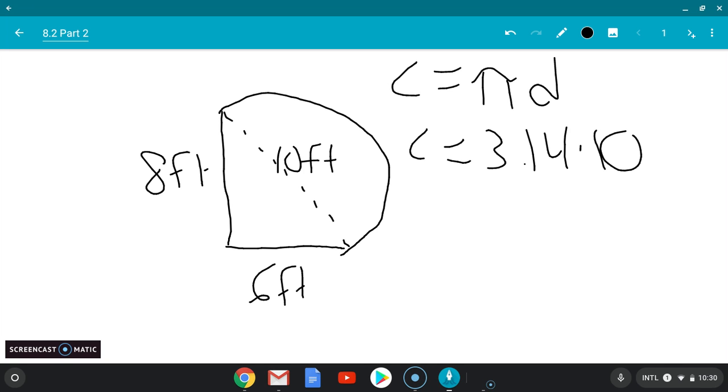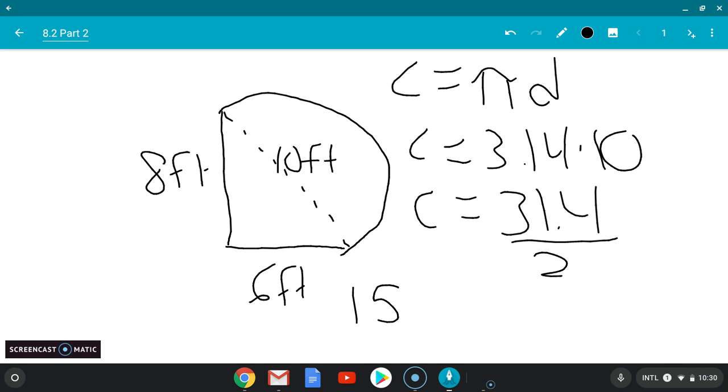Basically your C equals 31.4. We take that and we divide it by 2, and you end up with 15.7. Okay, so that's the distance around this semicircle part.